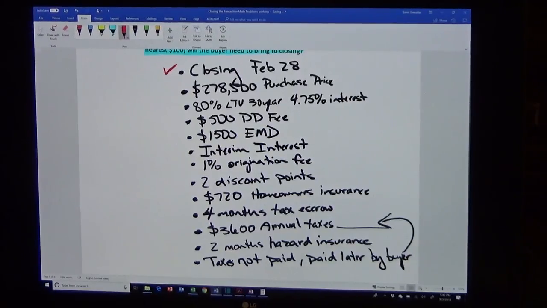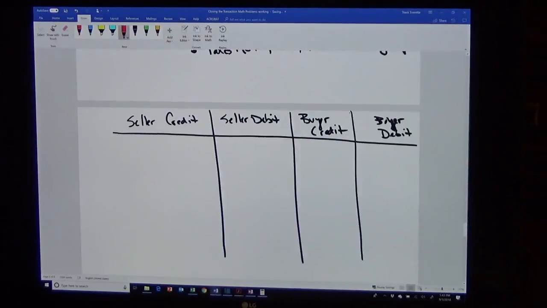The purchase price of $278,500. That definitely needs to go in, and that's going to go in as a debit to the buyer and a credit to the seller. So I'm going to go debit to the buyer for $278,500.